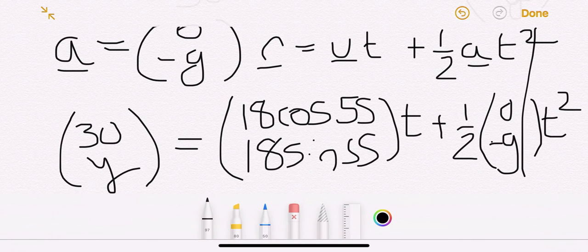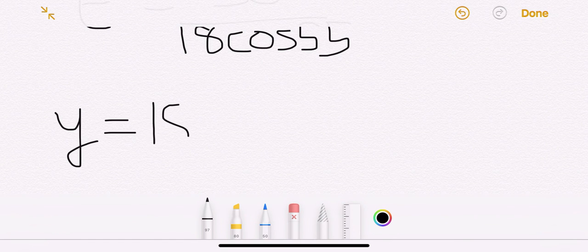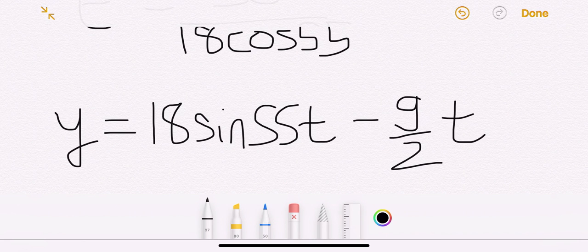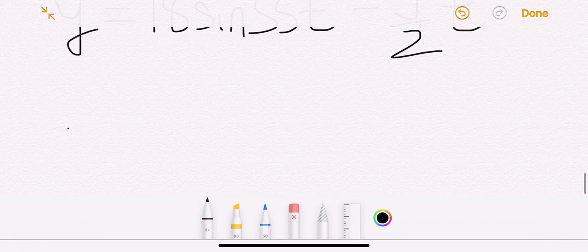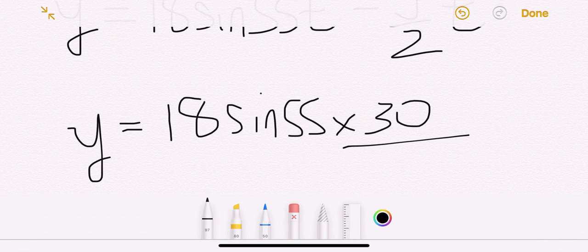So y equals 18 sine 55 t minus g over 2 t squared. And substituting in this value for t, we get y equals 18 sine 55 times 30 over 18 cos 55.